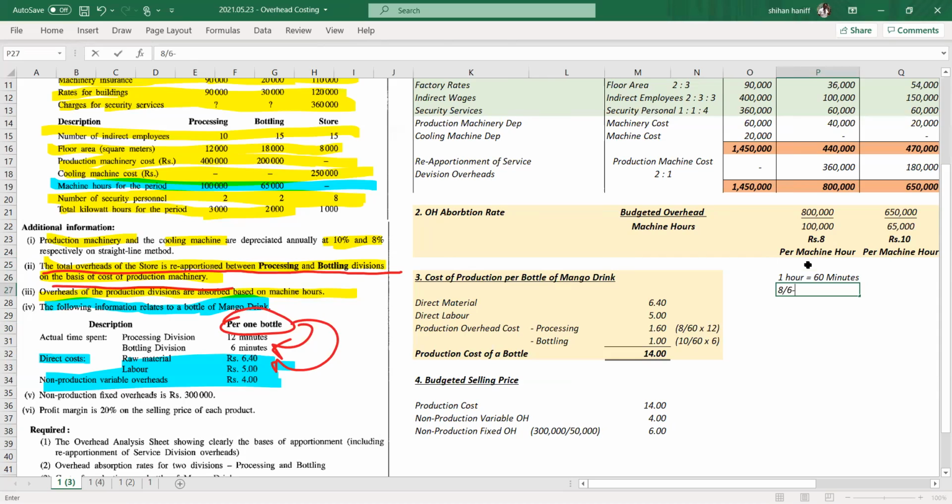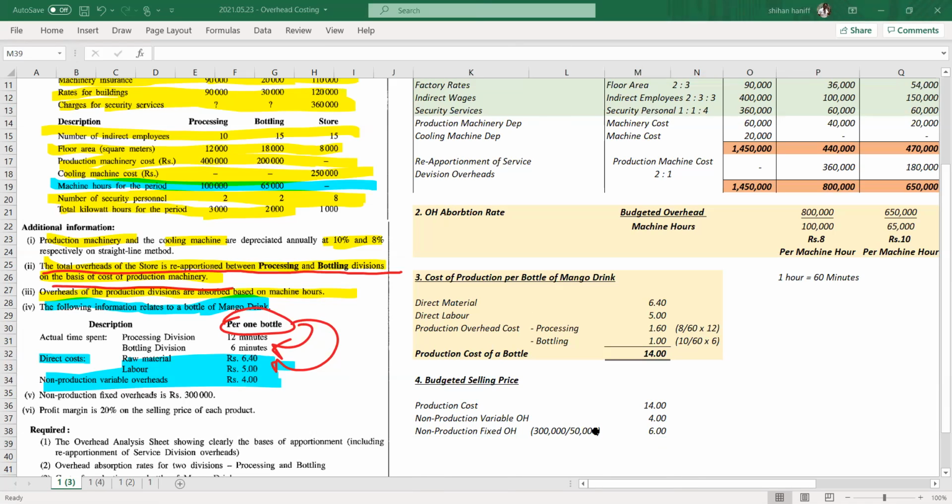So you get the cost per minute, which is 8 divided by 60. Then you multiply by the number of minutes, 12 minutes. So the non-production fixed overhead is 6.